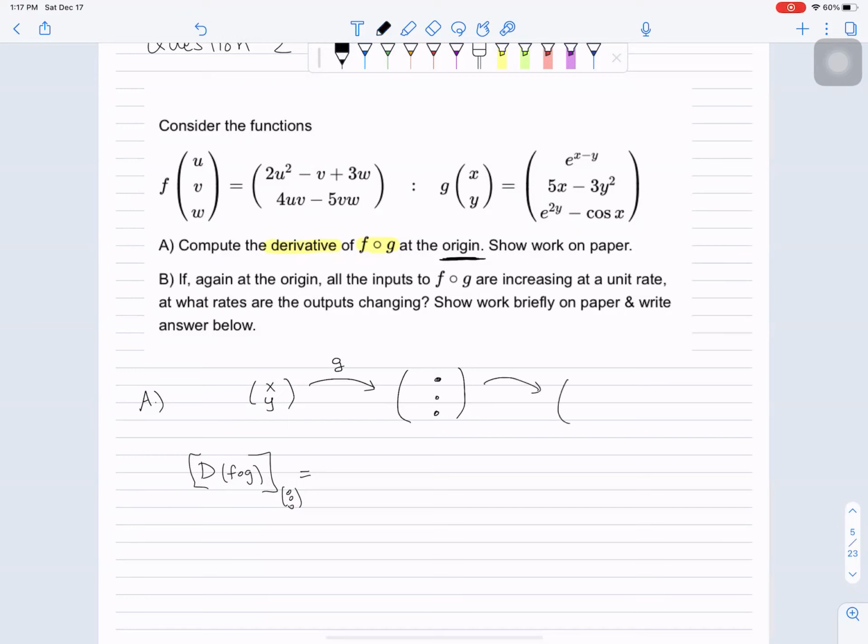This means that I should have only two inputs here. So I want to evaluate the derivative at the origin where I have two inputs. Then by the chain rule, this equals df at, this is important, g of a, or g of 0, 0, times dg at 0, 0.